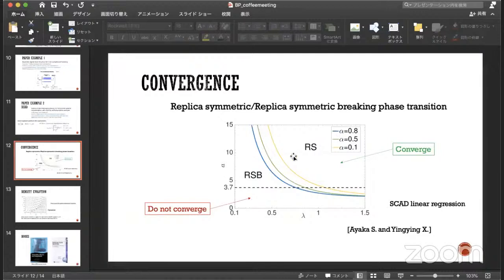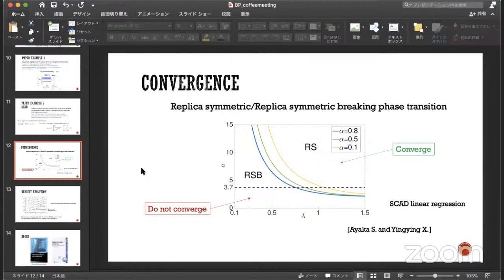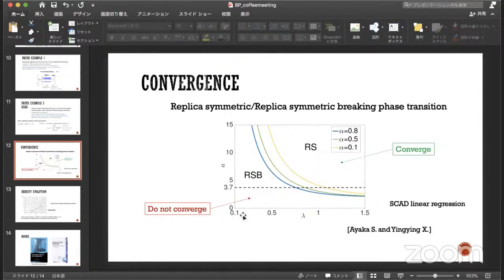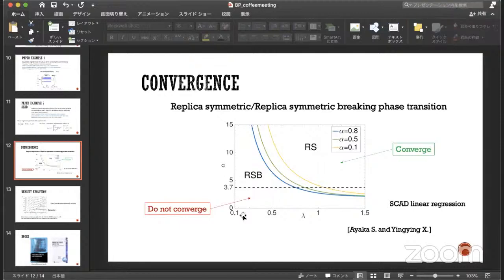Okay, in this figure, you assumed some random matrix of the interaction. Yes, in this model, the measuring matrix is a Gaussian i.i.d. distributed matrix.